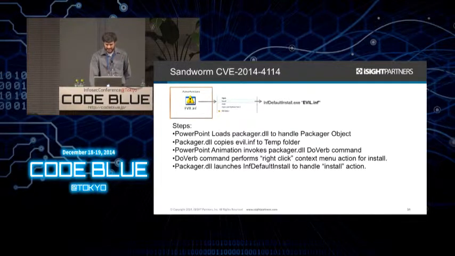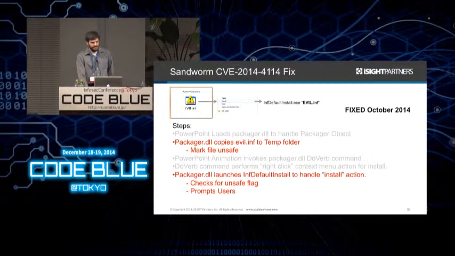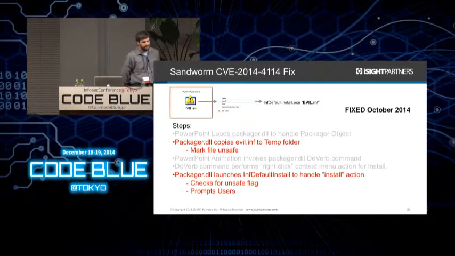So Microsoft fixed this in October 2014. What they did was they took care of this first thing that I've highlighted here in red. When it copies the evil.inf file into the temp folder, they've set a metadata flag on that file. They said mark file unsafe.